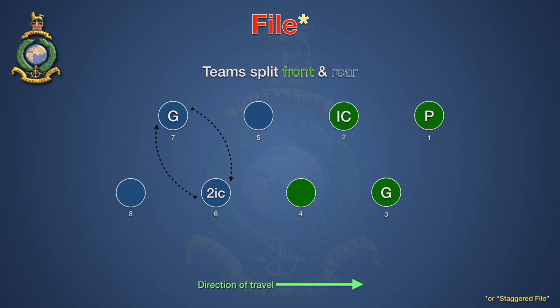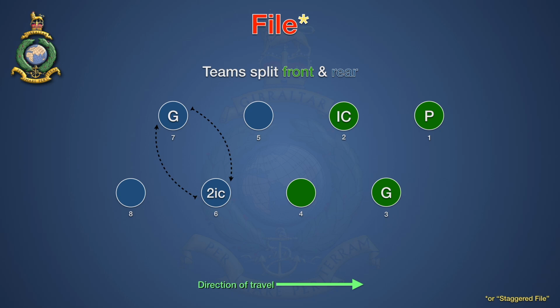So in this version of the file formation, number 7 has moved over to the left, so he can cover if you are contacted from the rear or from the left. And you'll see that number 3, Charlie's gunner, is at the front and to the right, so he can cover contacts from the front or to the right.